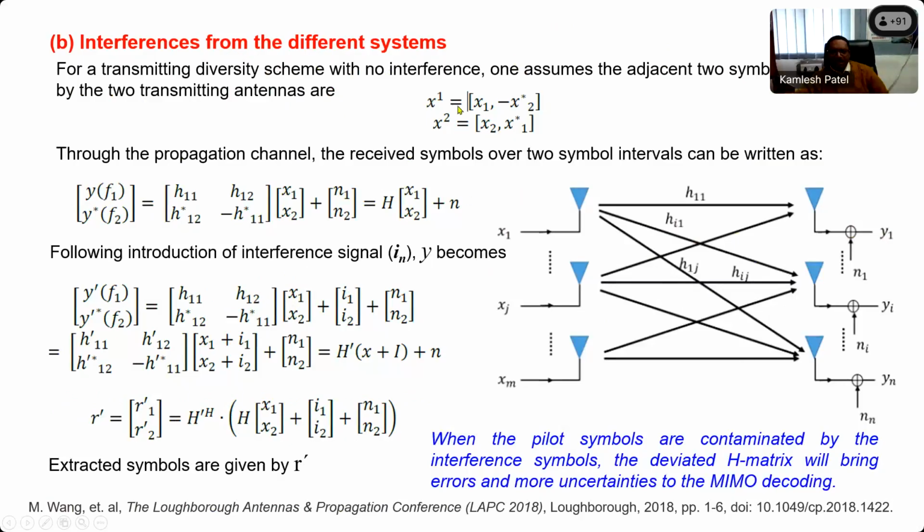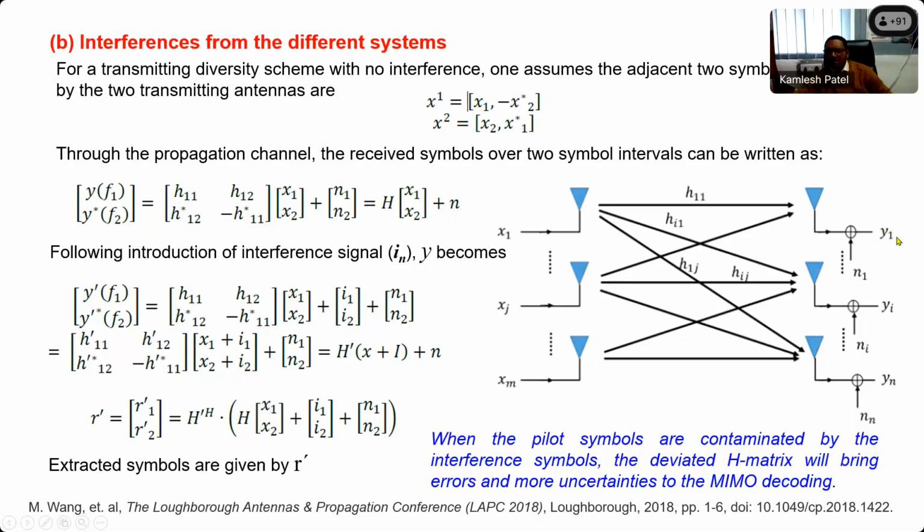So this is showing that x1, x2 are the two adjacent symbols sent from the two different antennas. So this is a simple equation obtained on the receiver end, which is a function of these channels H11, HI1, H1J, HII, because this is representing the transmitter side, this is representing the receiver side.